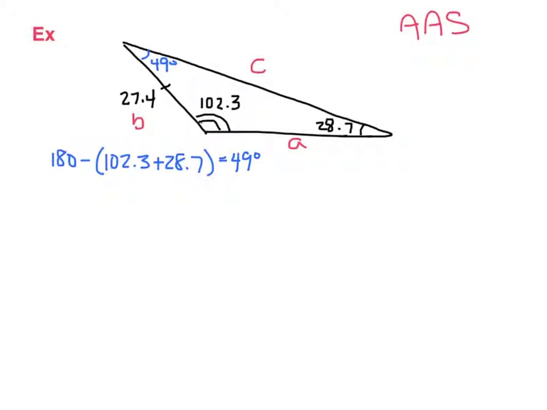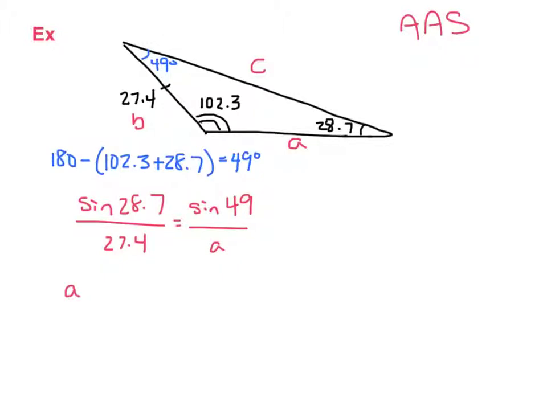So I'm going to use that I know an angle and its opposite side to solve for these other two sides. We can start with A and say, okay, I know that the sine of 28.7 over its opposite side, 27.4, is equal to the sine of 49 degrees over A. Okay, so now to solve, I'm going to cross multiply.